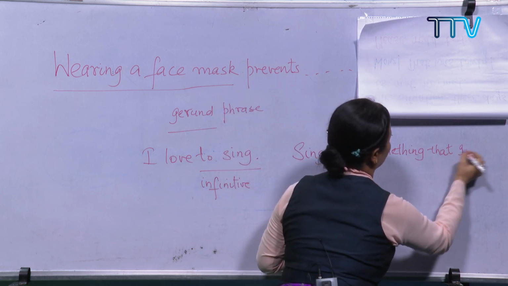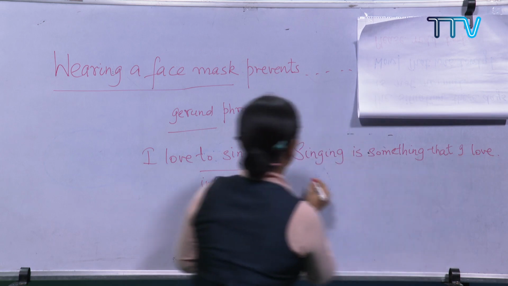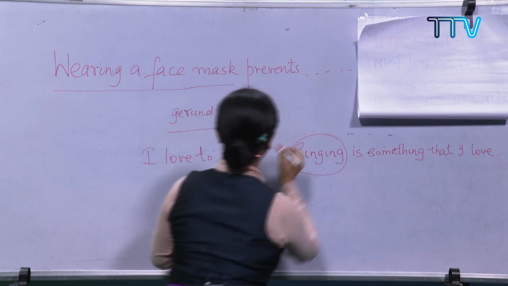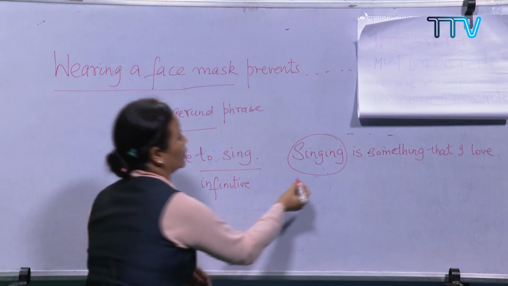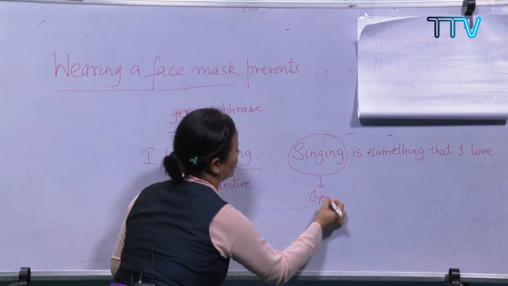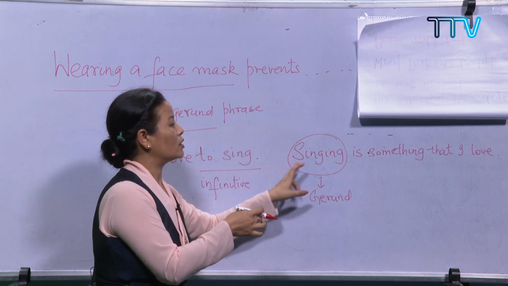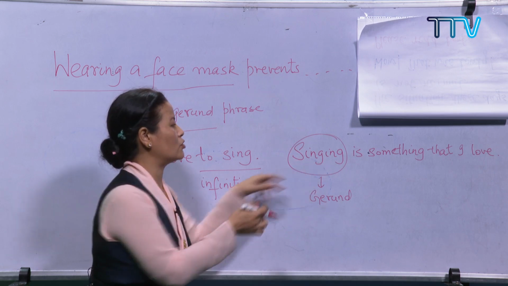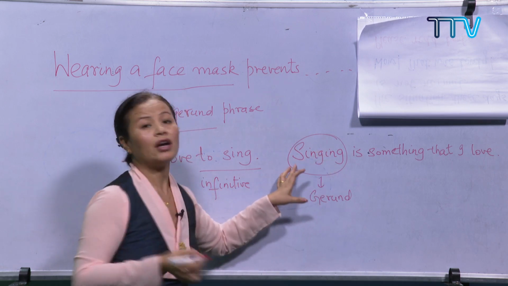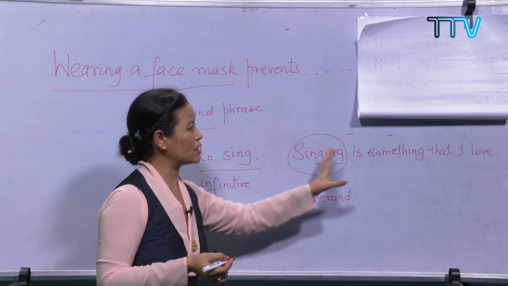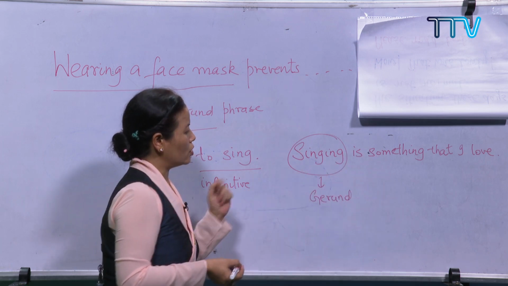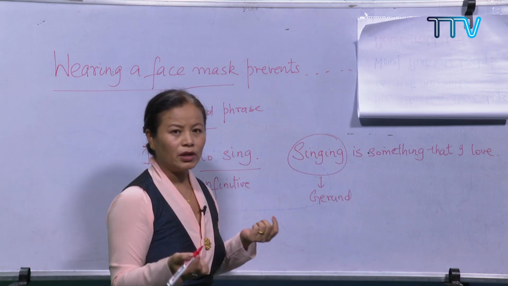So here the word singing is a gerund. This is an activity, a verb. It looks like a verb, but it's actually performing the function of a noun, right? Singing is something that I love, or singing is my hobby, you can say.